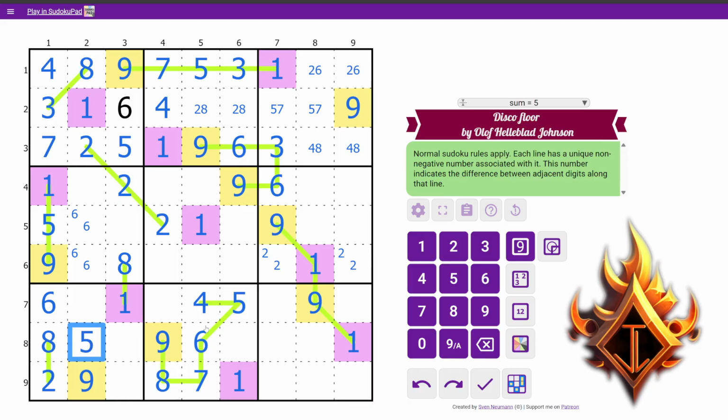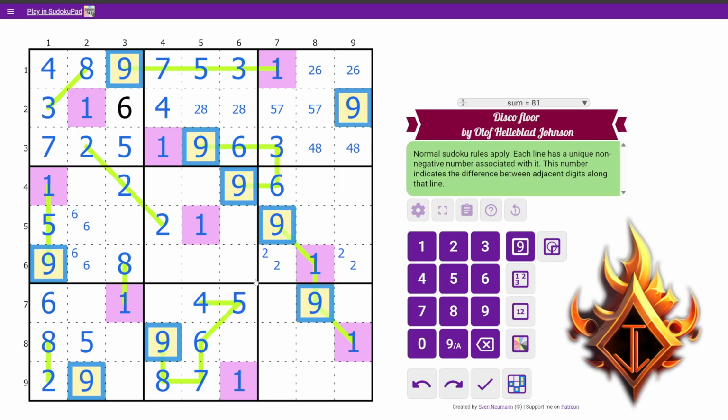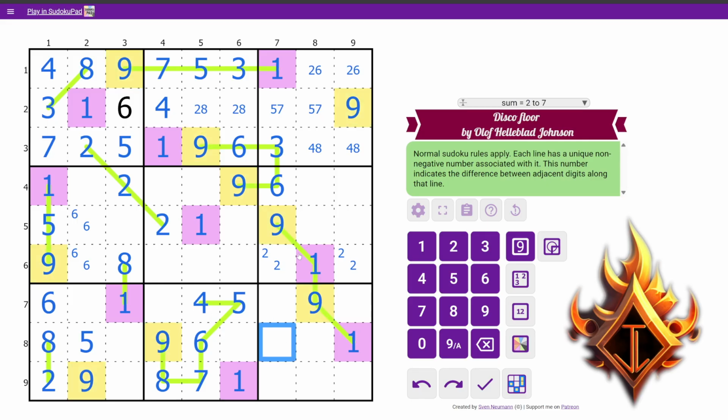And a 5 there. Is that all the yellow? Yeah. All the pink, yeah. This is a 3 and a 2, so that is known because of that 2 there. That'll sort that top box.